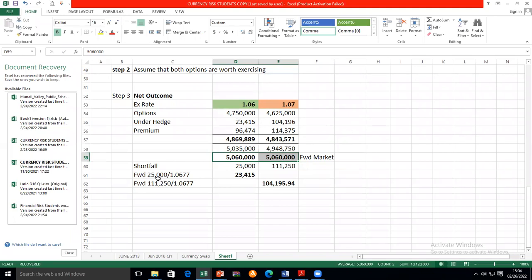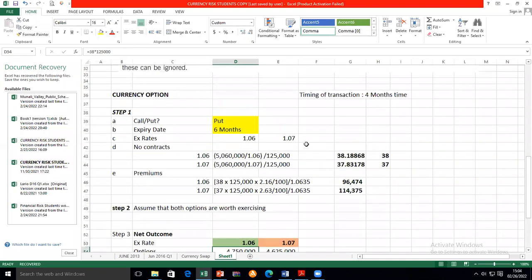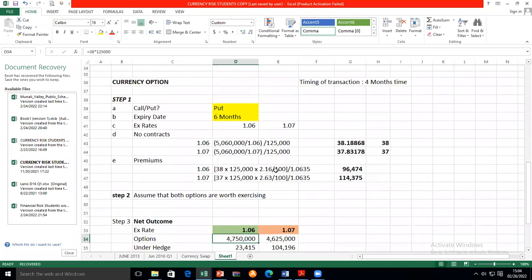Here we are converting the balance of the currency, what you don't have. Here we are multiplying 38 to get a number of CHF. Each contract has 125. The premium was first in dollars, then we divided to get CHF. So all this now is CHF.